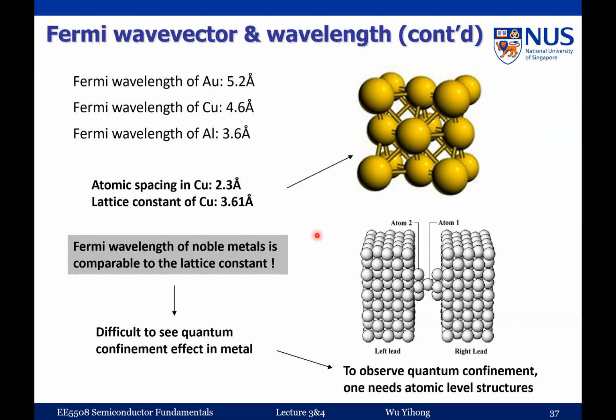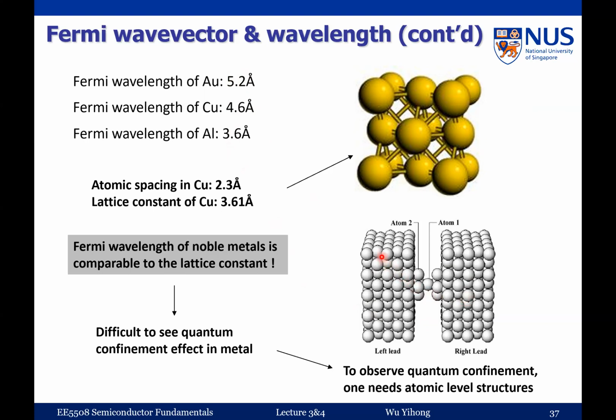You can easily realize quantum confinement in semiconductors, as you learned in the second part, because the length scale of electrons in semiconductors is much larger than in metals. In metals, we focus on electrons at the Fermi surface, and the Fermi wavelength is very small. Therefore, to realize any quantum confinement effect, you must make your metal as small as, or comparable to, this Fermi wavelength. That's the reason why people are trying to do this kind of experiment.